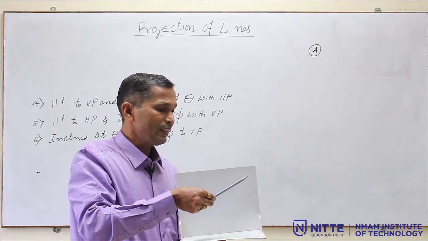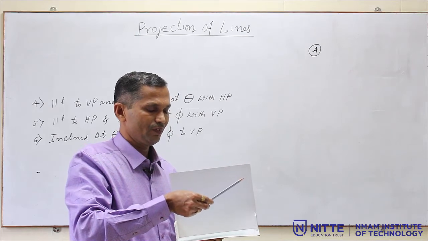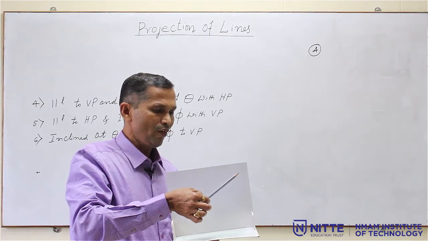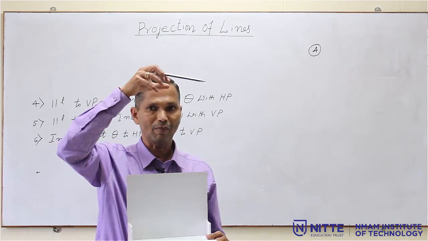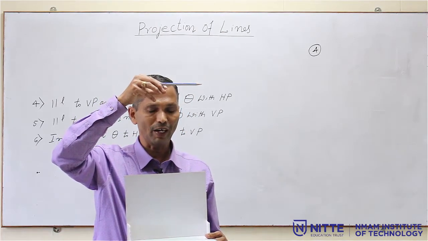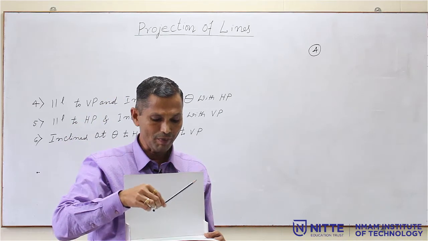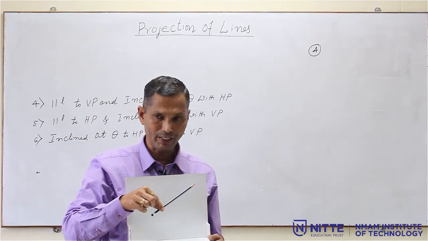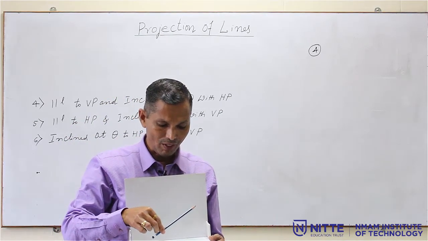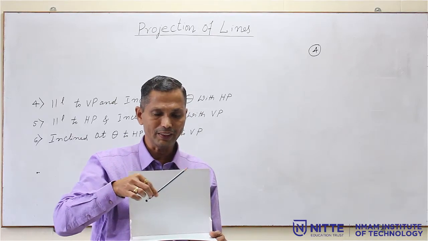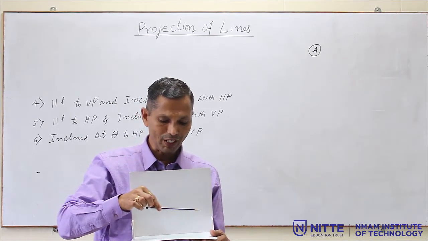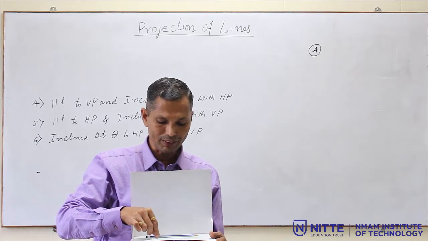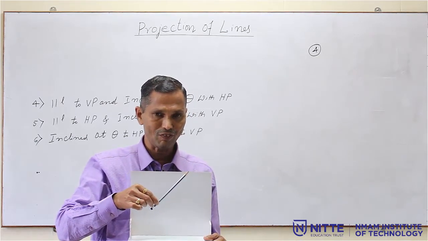Now, what is the top view of this? If you observe here, if I put a light above, which will produce a parallel beam of light, then an image of this particular line will be formed on the ground. But what about the length of that image? Is it 100 mm? It is not 100 mm. Only if it is parallel like this, then it is 100 mm. Now, this is not parallel, it is inclined at an angle of theta.